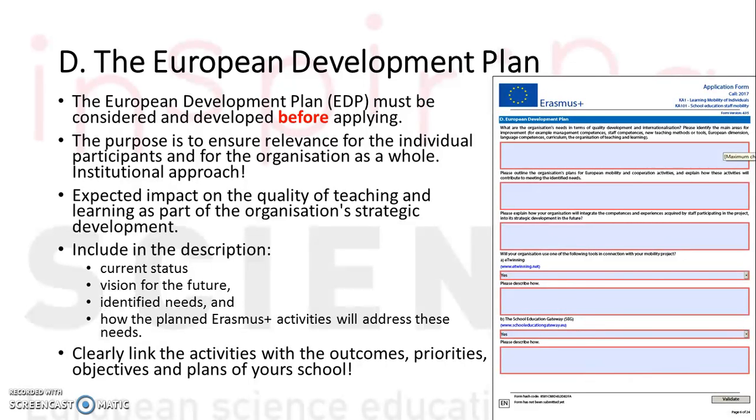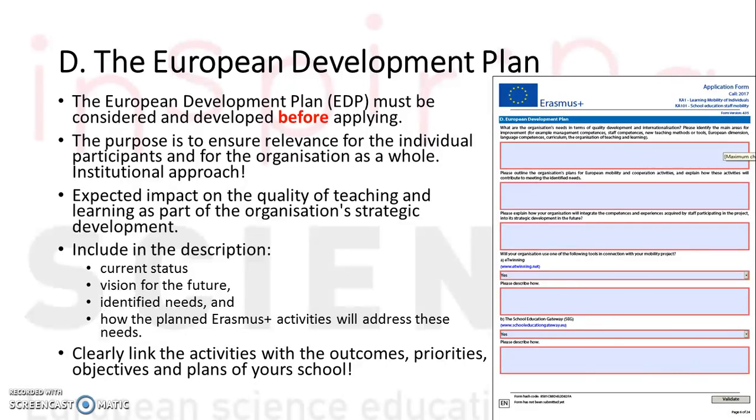So you need to include in the description several sections of the European Development Plan. There are basically 3 sections that you need to fill in. You need to explain your current status: where is your school now, and where you want to take it. What's your vision for the future? What are your identified needs?